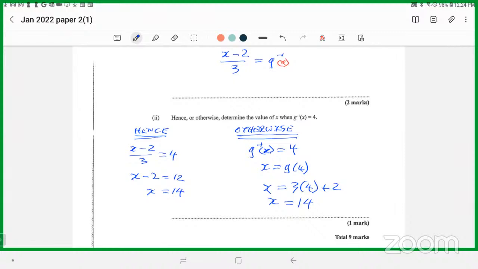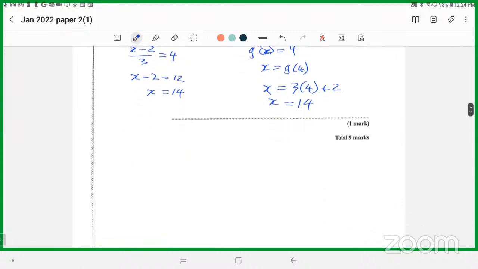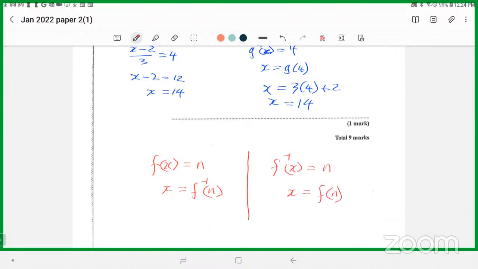All right, good. Just remember this thing. Very, very useful. I'll write it one more time for you. If f of x equals a number, then x equals f to the minus 1 of that number. Similarly, if f to the minus 1 of x equals a number, then x equals f of the number.